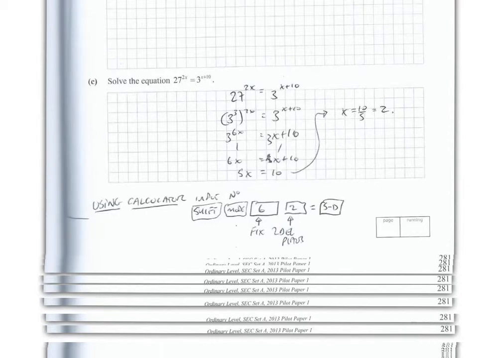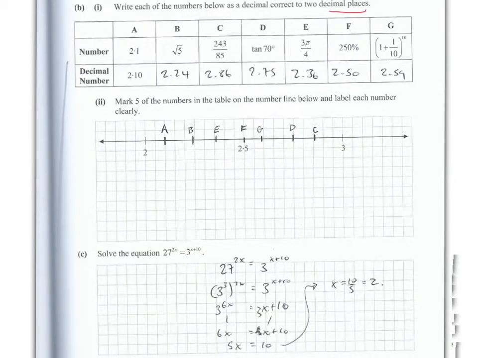And don't forget to press the equals sign and the SD button as well. So having done that, you simply type 2.1 into your calculator, hit equals, hit SD, and you should get 2.10. Square root of 5 equals, and hit SD, 2.24, and you can try those other ones yourself.